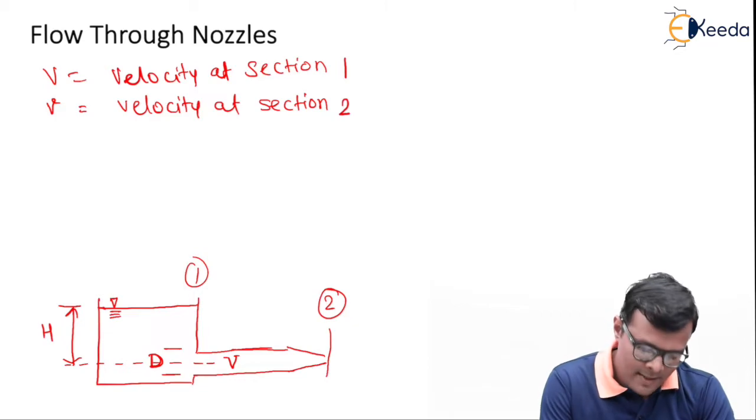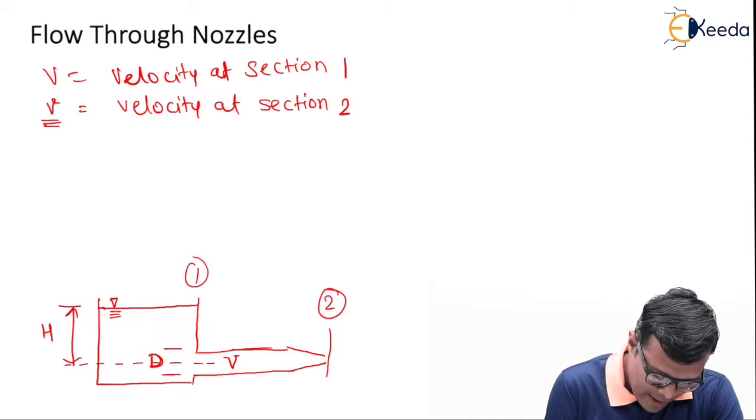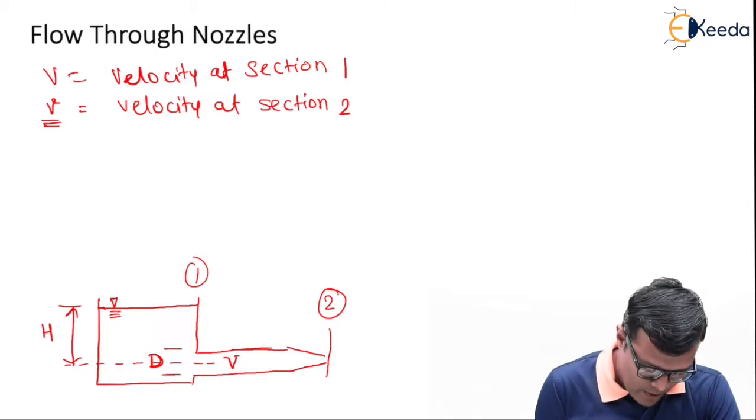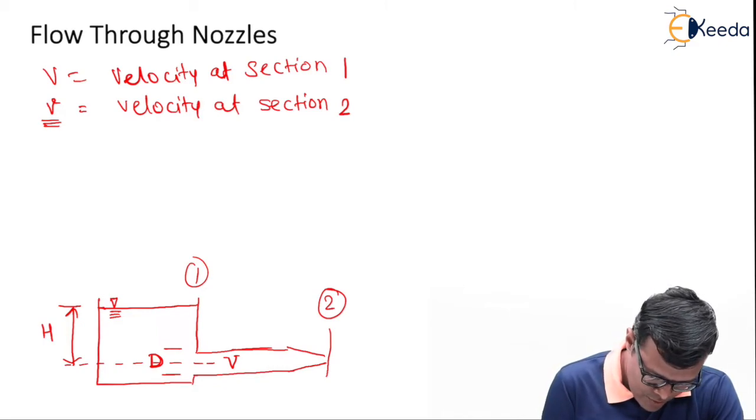Our purpose is to find small v in terms of a formula so that we can calculate the kinetic energy associated with it.